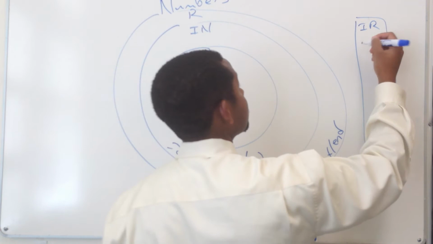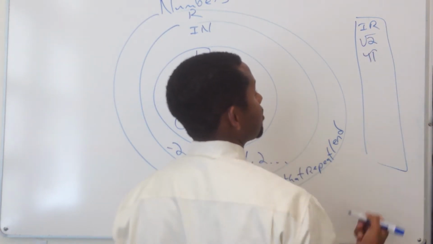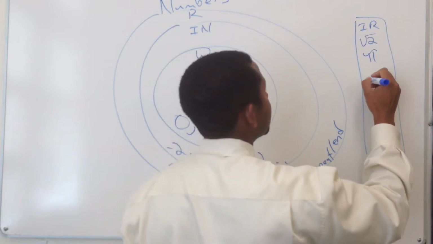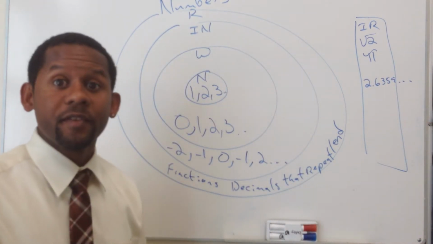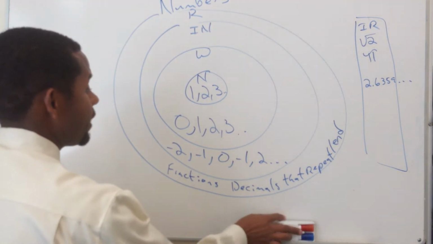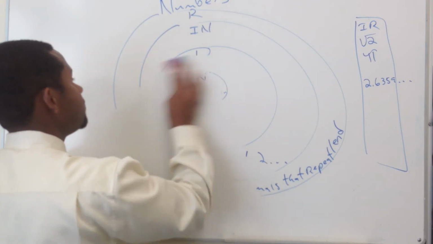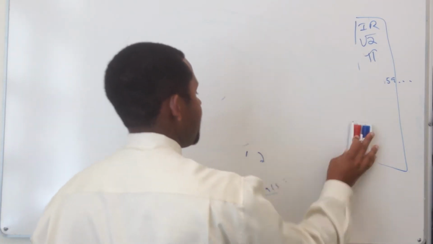The irrationals are your square roots that don't work, decimals that go on forever. That's a quick understanding of what it was from before. Make sure you get that down. This is reviewing what we talked about that other day.